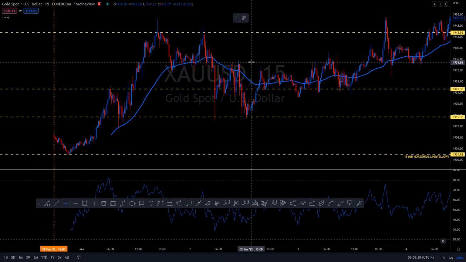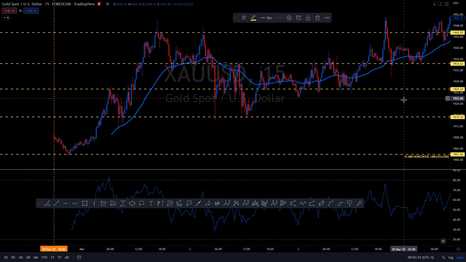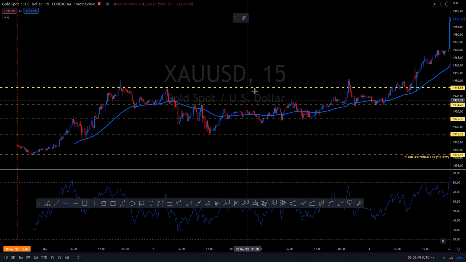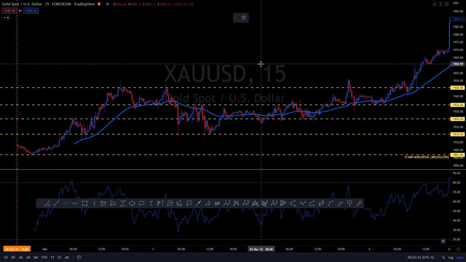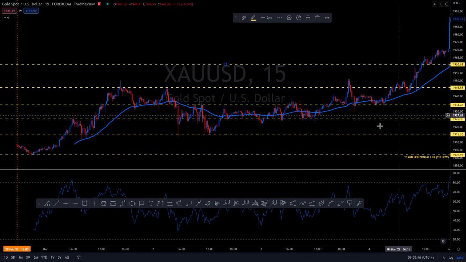And then in between, we see a good supply zone up in here. And then we see a base demand zone that pushed price all the way up to here.